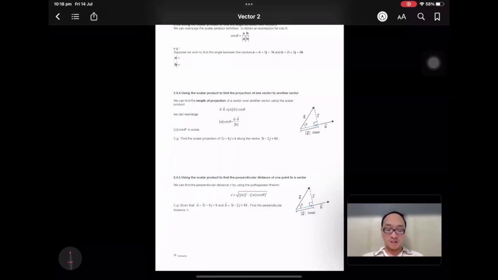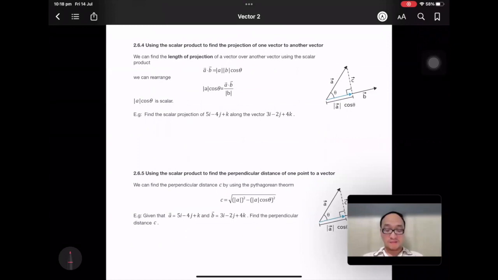We will start with using the scalar product to find the projection of one vector on another vector.